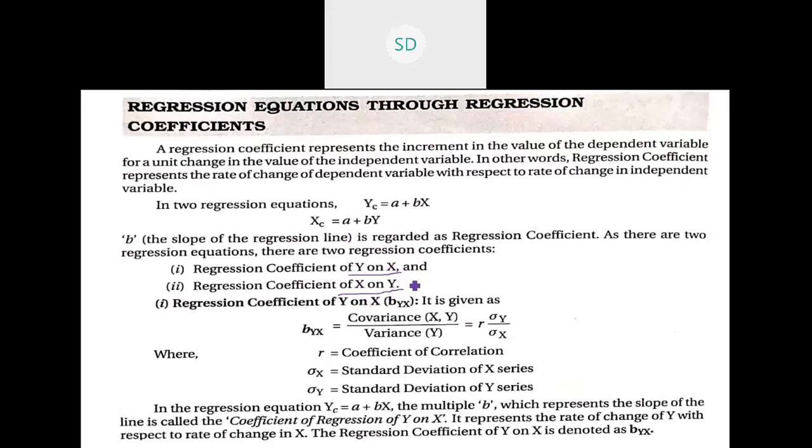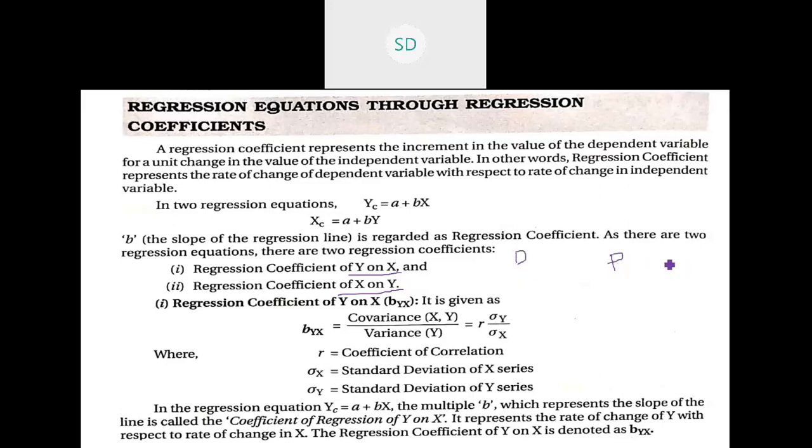Now let us read through what this regression coefficient is. A regression coefficient represents the increment in the value of the dependent variable for a unit change in the value of the independent variable. Let's take for example demand and price.